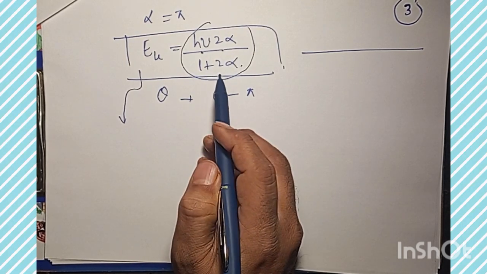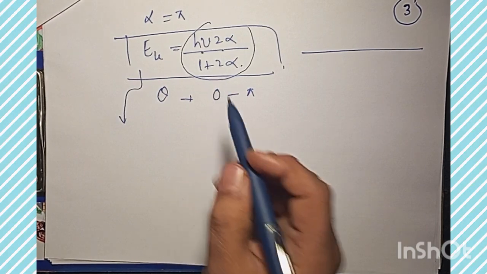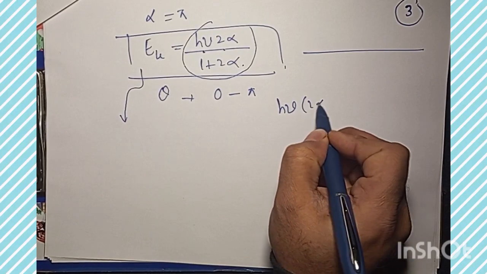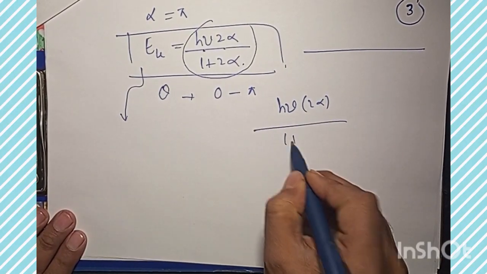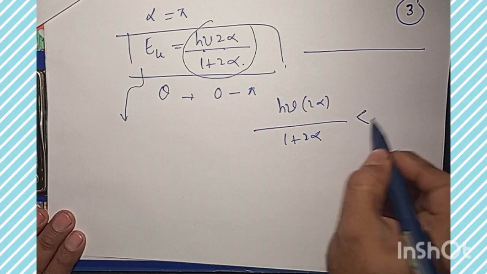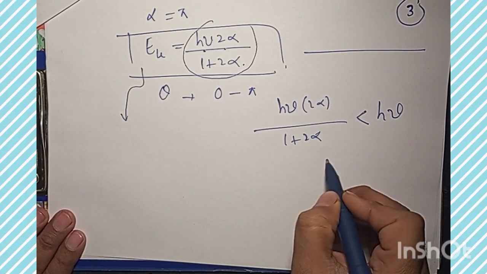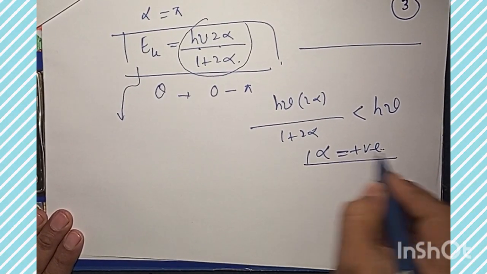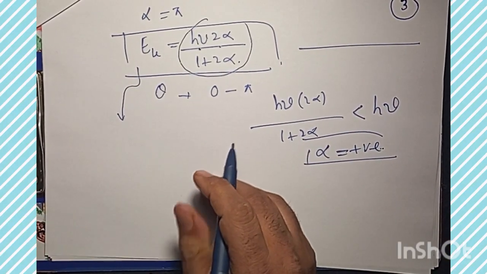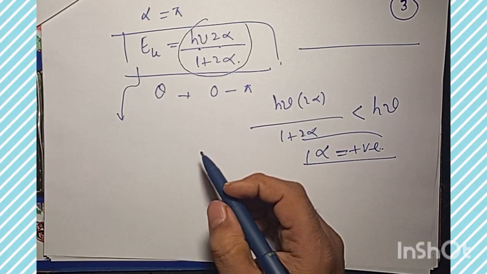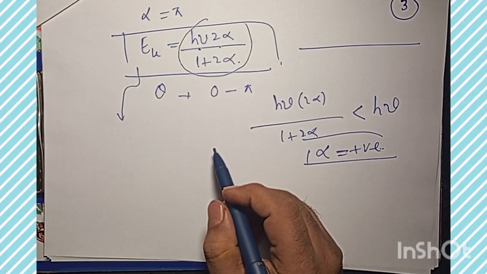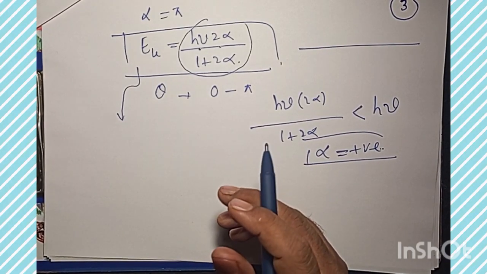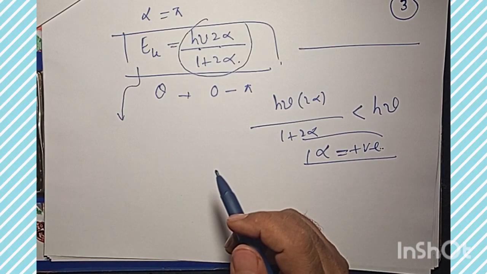And this value is certainly less than h nu. So we can certainly say that this h nu times 2 alpha divided by 1 plus 2 alpha has to be less than h nu, because alpha is not negative, it's positive. Now, if alpha is positive, that means it's not possible for a photon to transfer the entire energy to the recoil electron.